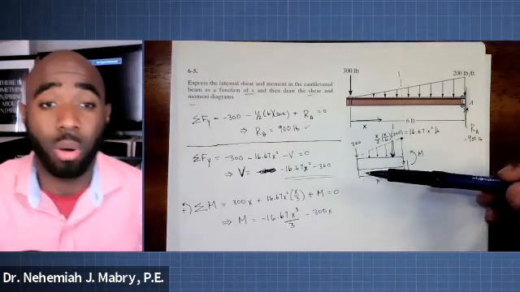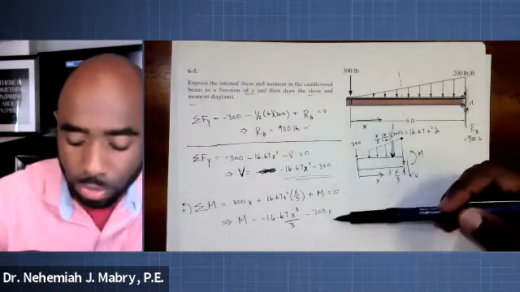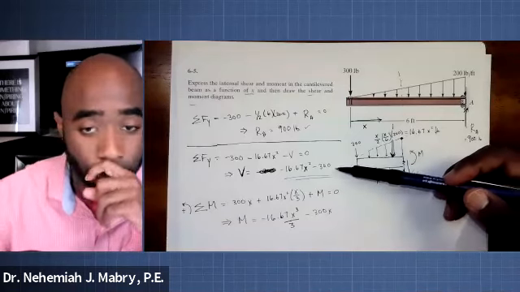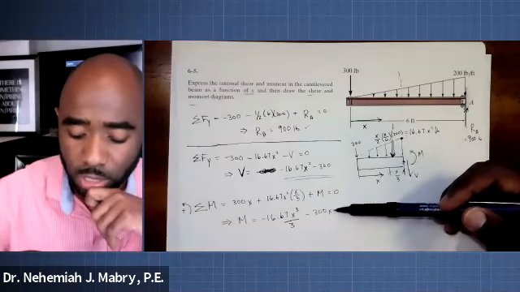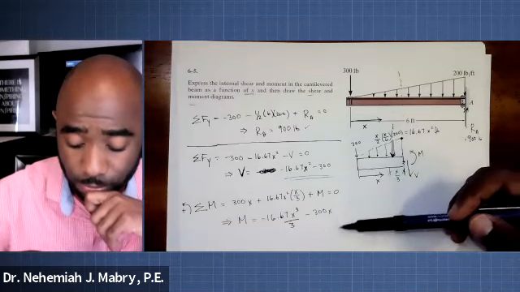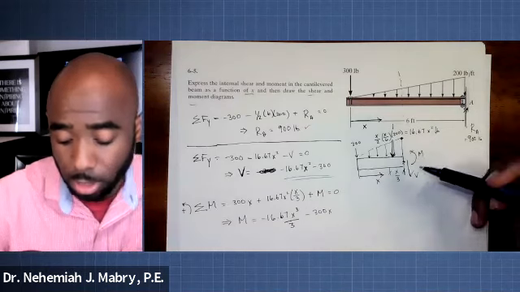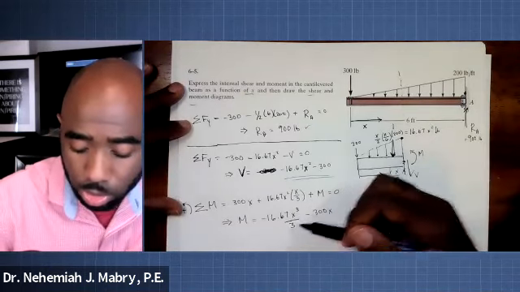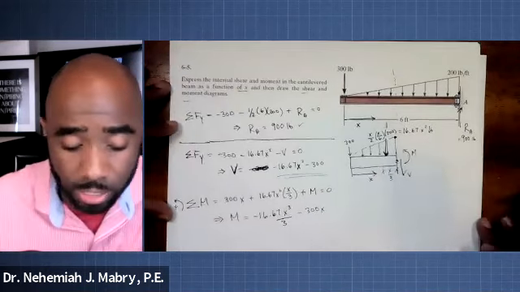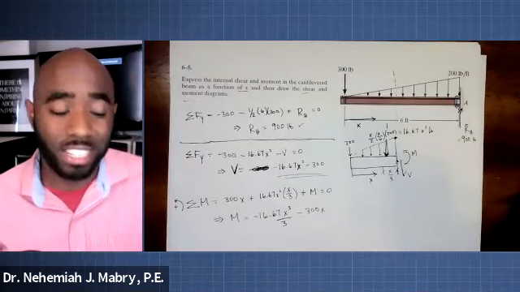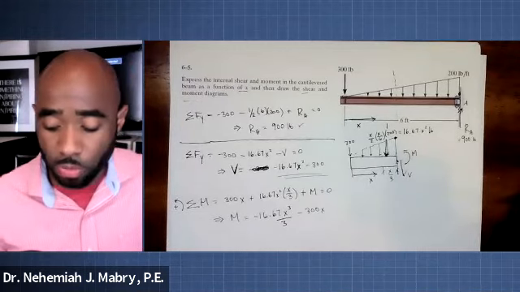Because of what I showed you already, if you were to take the derivative of this, you should get what? This. And sure enough, if you took the derivative of this, boom, boom, what would you get? You bring down that exponent, the 3s cancel out, and you would get the shear equation. Makes sense, makes sense.